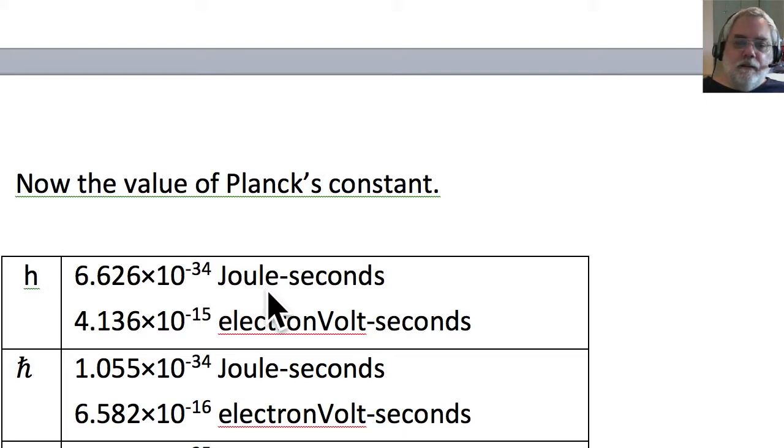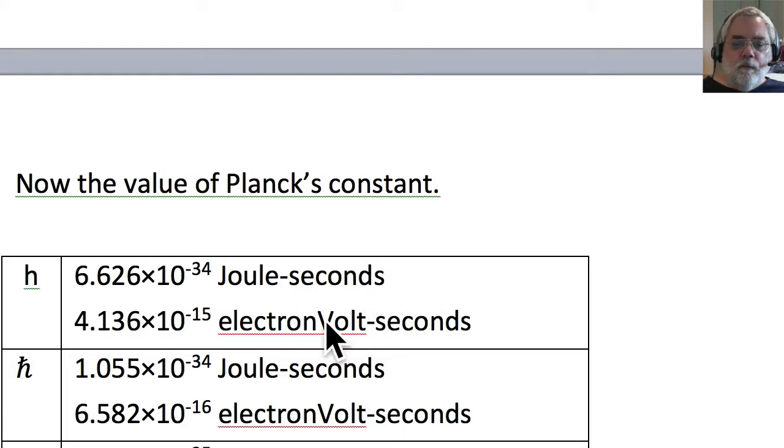This is SI units or MKS, meter kilogram second units. Joule is a unit that is macroscopic. It's on our scale. It's too big for atomic energy levels and for wavelengths of light that we care about, visible light.